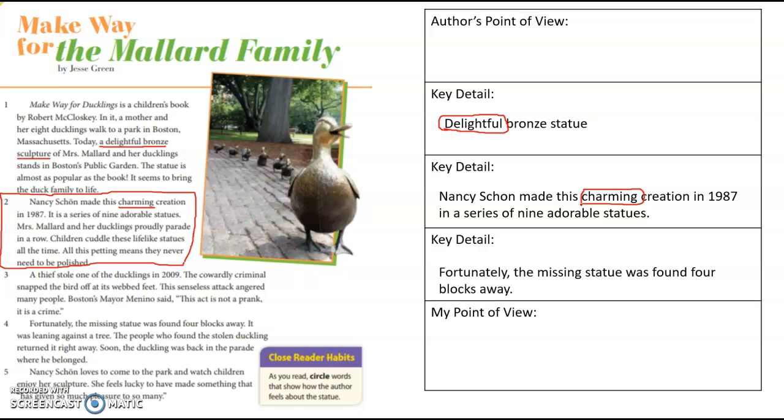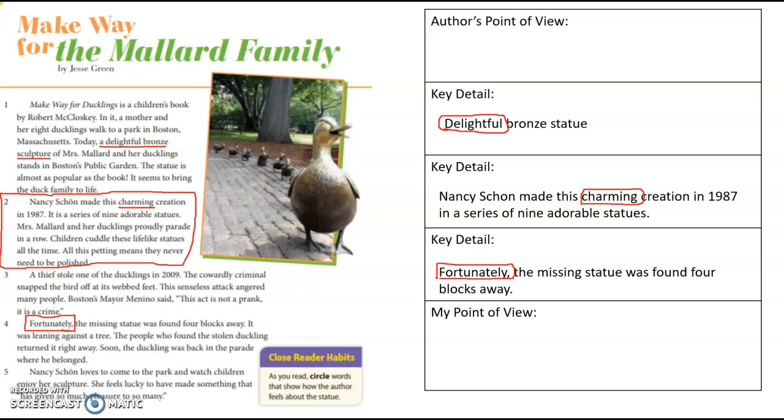So the key detail that I chose is, fortunately, the missing statue was found 4 blocks away. And I see that the author used the word fortunately, which means luckily. So luckily, the missing statue was found. So I can tell that the author was happy it was found.